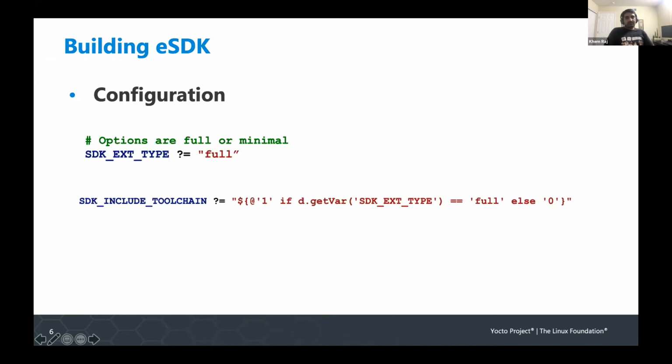SDK include toolchain. As you can see, this is a variable that is currently set based upon your SDK type. If it is full, then it includes the tool chain as well, which is basically including the traditional SDK in your Extensible SDK. And this is quite powerful, because it gives someone the opportunity to try the cross SDK or the cross toolchain from the eSDK itself, following the traditional SDK workflow.